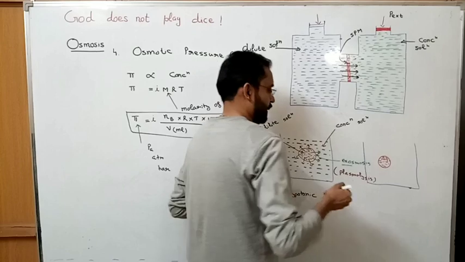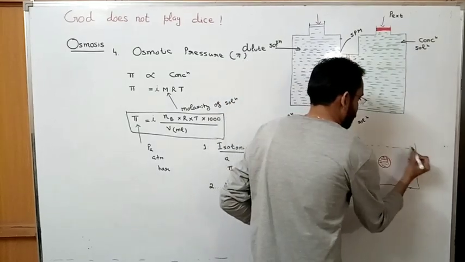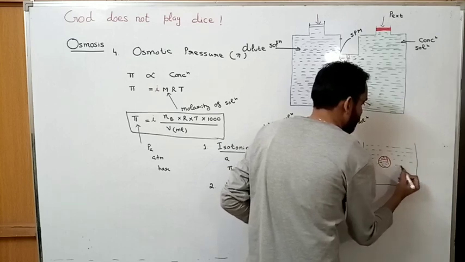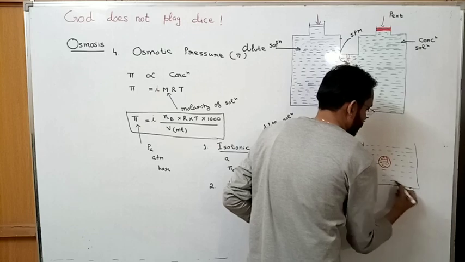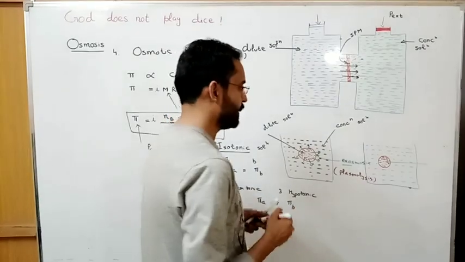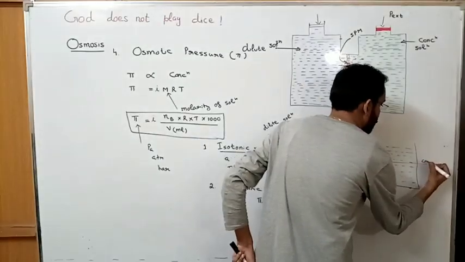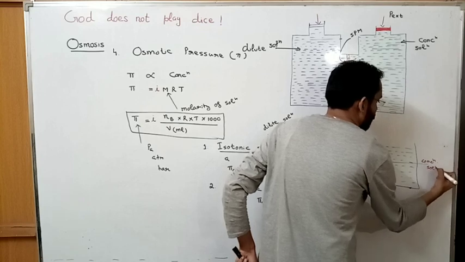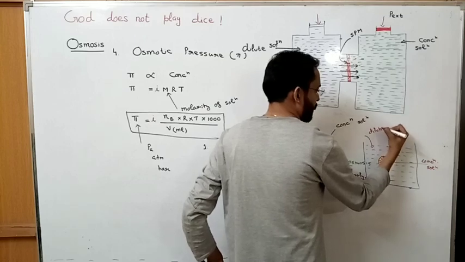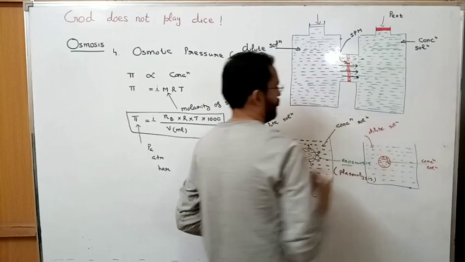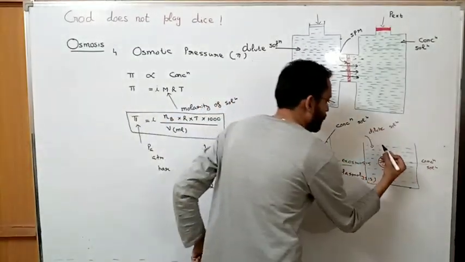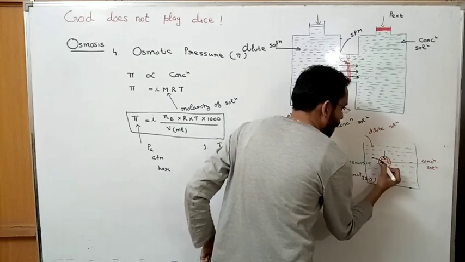Next example, look students. Here it is the same resin. Suppose kishmish is placed in water, a dilute solution. So concentration inside the resin is more. It is concentrated solution. Outside, concentration is less, so it is a dilute solution. Now what will happen? Solvent molecules, water molecules will enter into the resin.